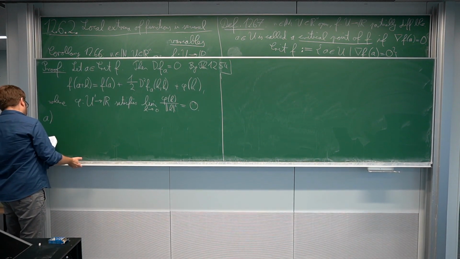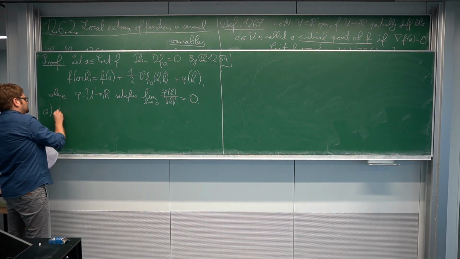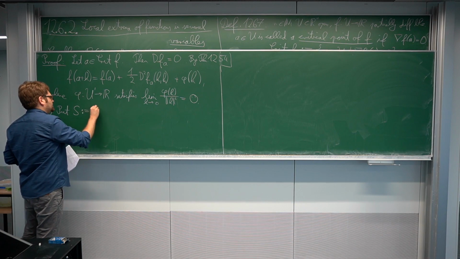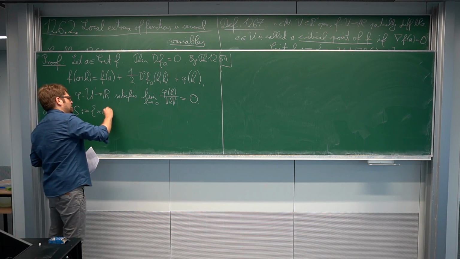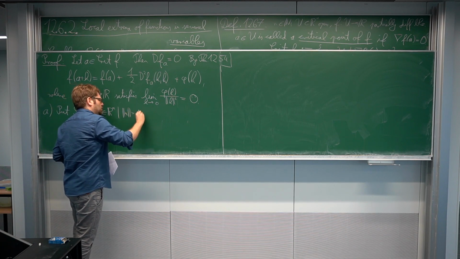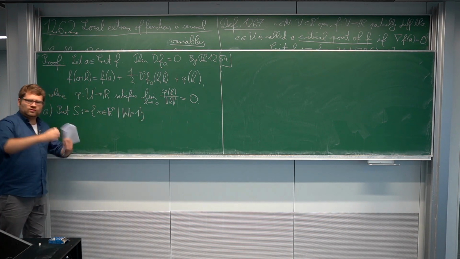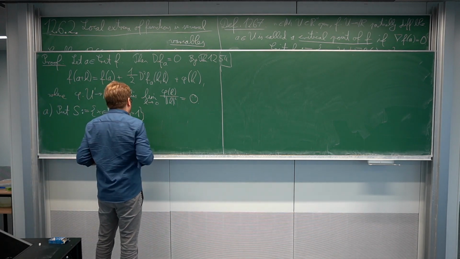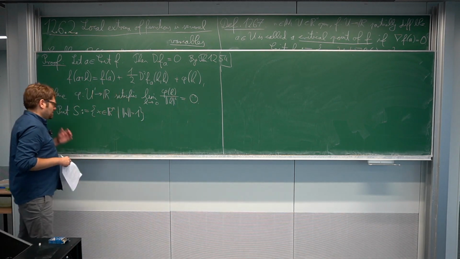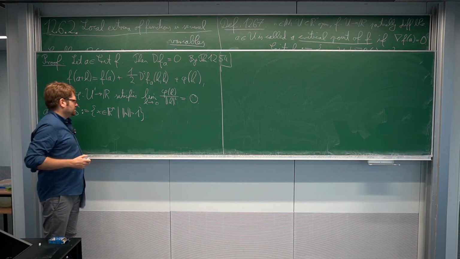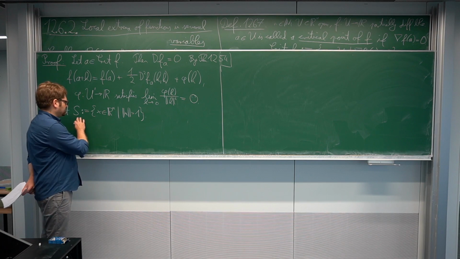So now let's consider case a. First of all, we define a certain set, namely S, which is defined as the set of all x in R^n which have norm 1. It's the unit sphere, the boundary of the unit ball in R^n. You can easily see that this has an advantage over taking all of R^n, namely this is compact.